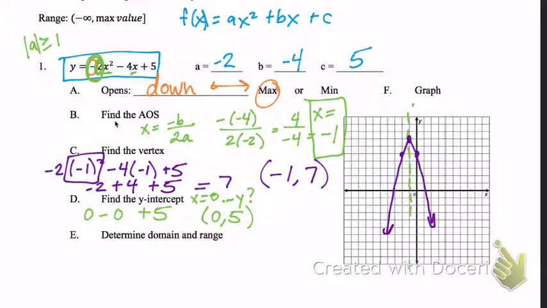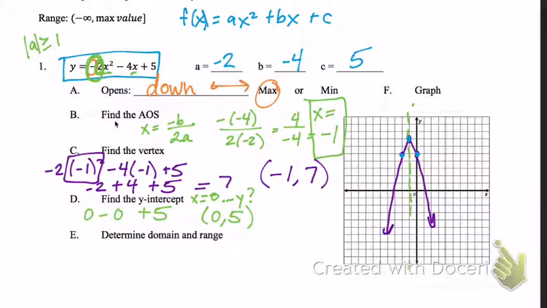So if you notice, my vertex was at negative 1, 7 right here. My a value is negative 2. So if I go down 2 over 1 on either side, I can then connect the dots, and I can draw 3 points.